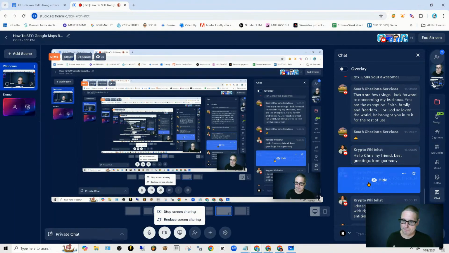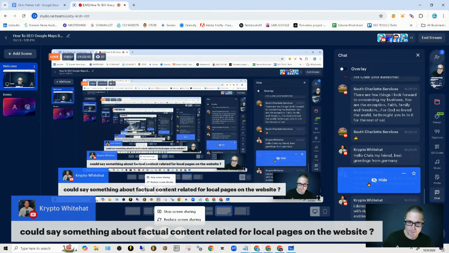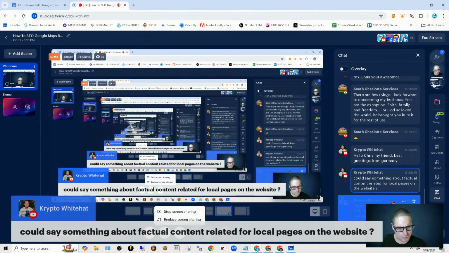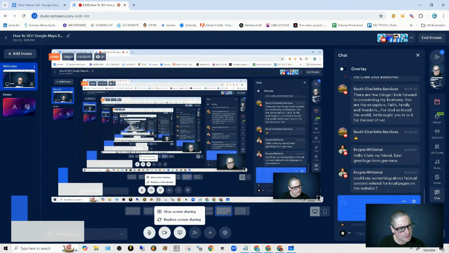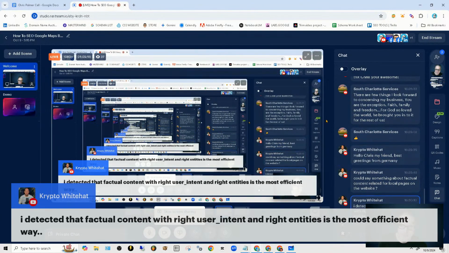All right. Could you say something about factual content for local pages on the website? I detected the factual content with right user intent and right entities is the most efficient way. Well, here's what's very intriguing. I noticed a top SEO doing this too, or at least one of the most notable.